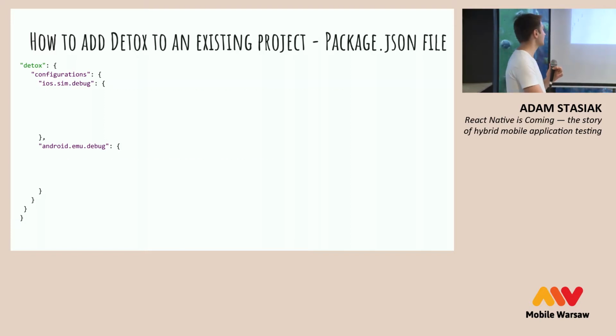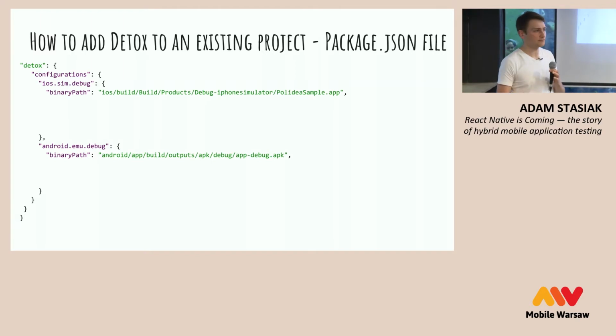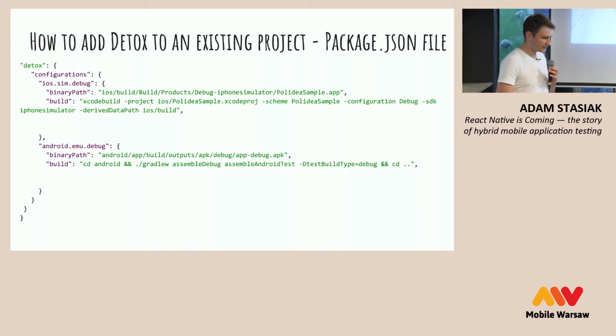So let's start. The first one is binary path, where we point to the directory on our disk where the application is stored. You can see that for iOS it's an .app, so native format, and for Android it's an .apk, so the same. Next, we have to declare the build command. For iOS we are using the standard Xcode build, where we specify project and scheme, the same as for a native project.